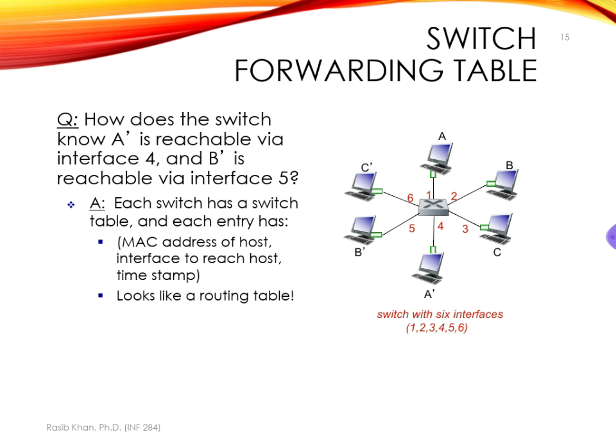The entry there has the MAC address and the interface to forward to for each host, and also a timestamp to keep track of when that record was obtained. This looks similar to a routing table, and in the next part we will look at how this forwarding table is generated in the process of transferring frames across different hosts through the Ethernet LAN.